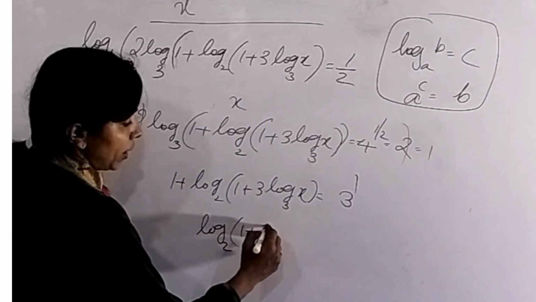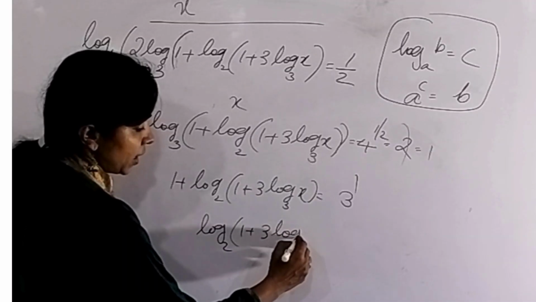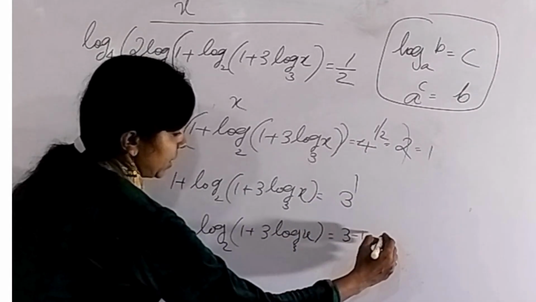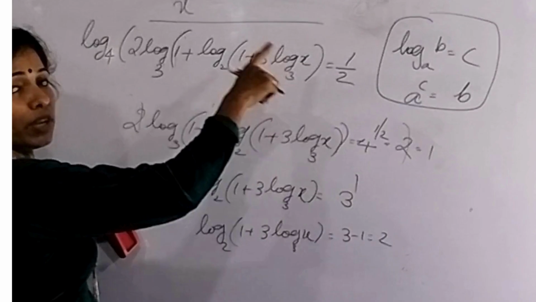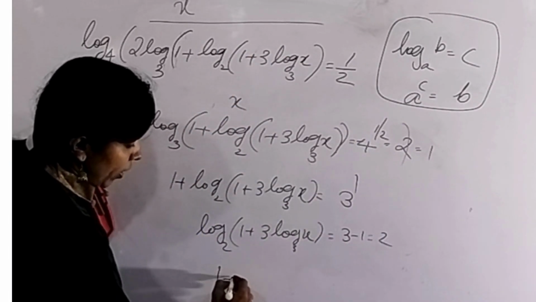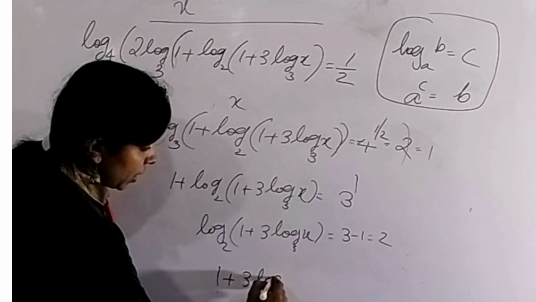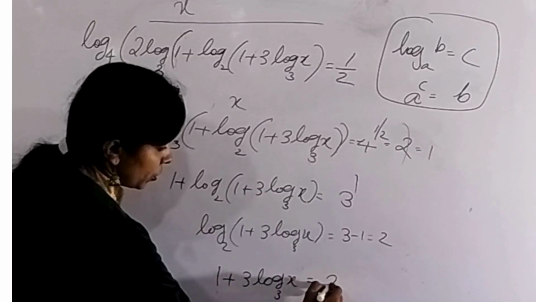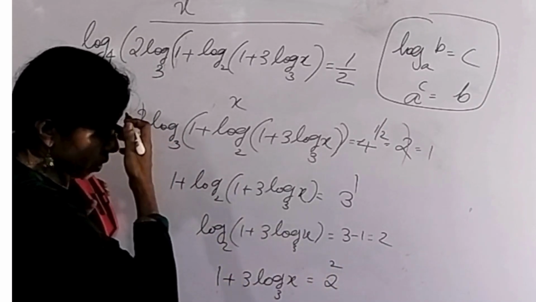Log base 2 of (1 plus 3 log base 3 of x) is equal to 3 minus 1, which is 2. Again we remove the logarithm. Then 1 plus 3 log base 3 of x is equal to 2 raised to 2, which becomes 4.